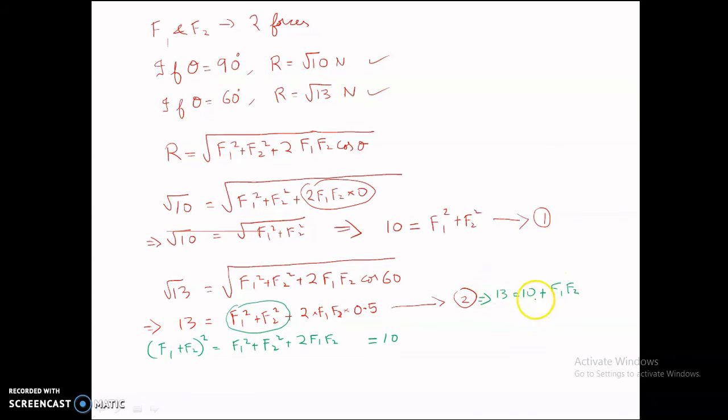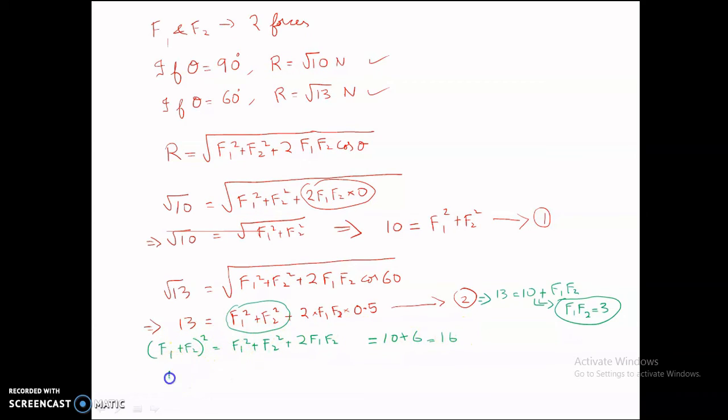And from here you will get F1 F2 is equal to 3. So this one you can substitute here, so we will get the value for F1 plus F2 the whole square as 10 plus 2 into F1 F2, that is 2 into 3, that is 6. So altogether we will get the value as 16, that is F1 plus F2 the whole square is 16.